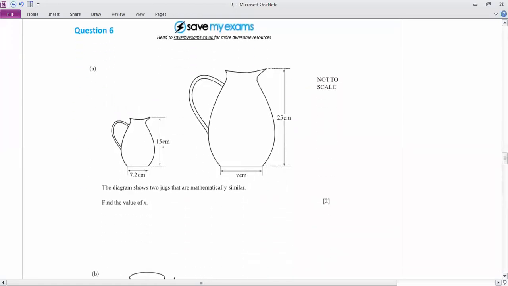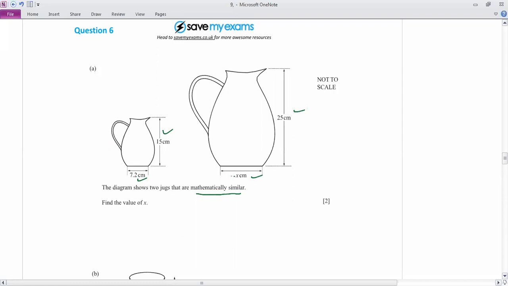Yes, this is a similarity question. These two shapes are similar shapes, mathematically similar shapes. Now what is the condition of mathematically similar shapes? The ratio of the corresponding sides will be equal. So this side corresponds to this side, which corresponds to this side. So you can take the ratio of the corresponding sides.